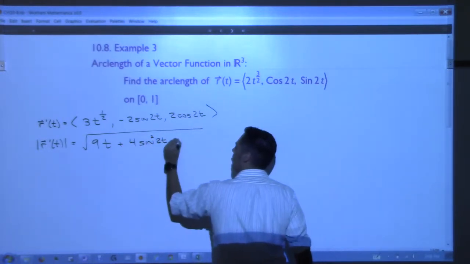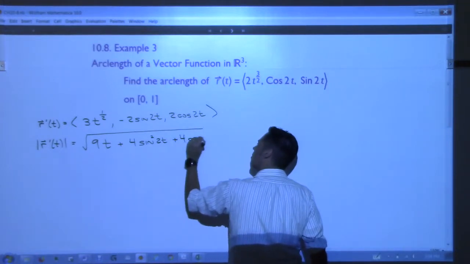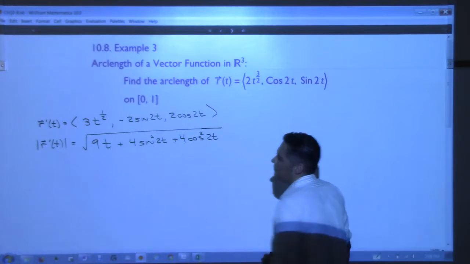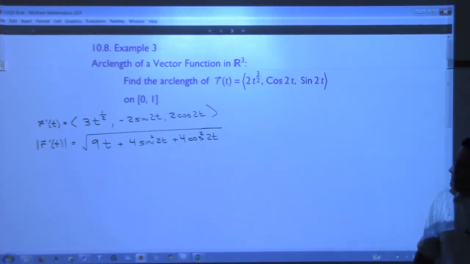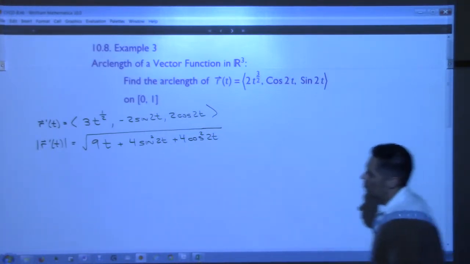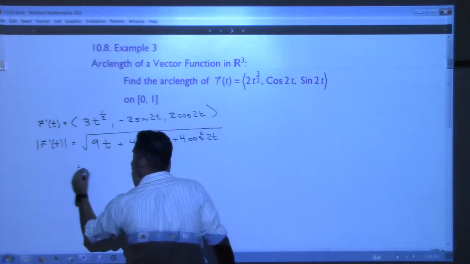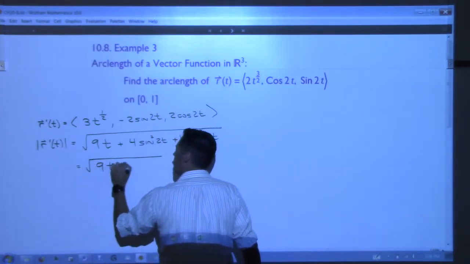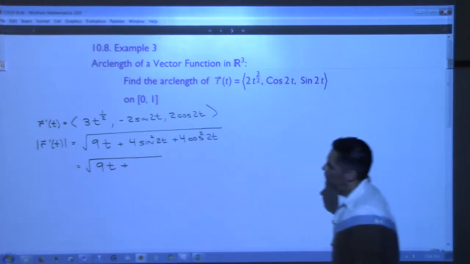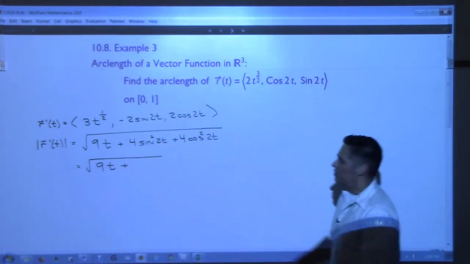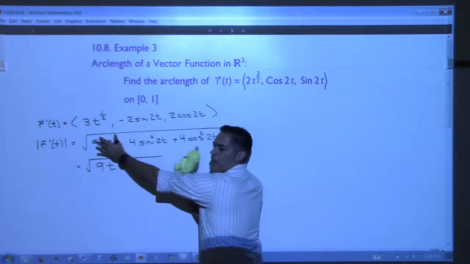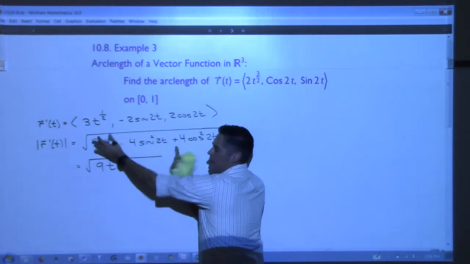And then squaring that one, you get plus 4 cosine squared 2t, right? Which is square root of 9t plus 4. You just factor 4 out of both of those and you'll get a Pythagorean identity. And that just becomes a 4.